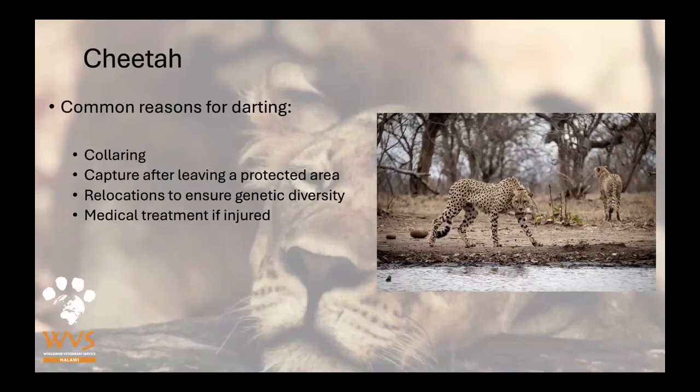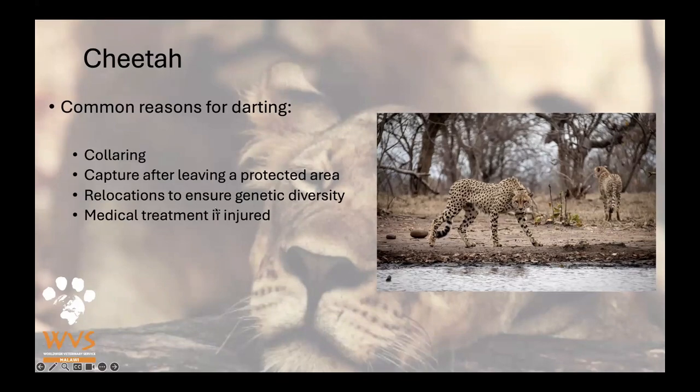Common reasons why cheetah would have to be immobilized are to put tracking collars on, to capture them after leaving a protected area, or to capture them and then relocate them to another park to ensure genetic diversity, and also to administer medical treatment if injured and if it is indicated.